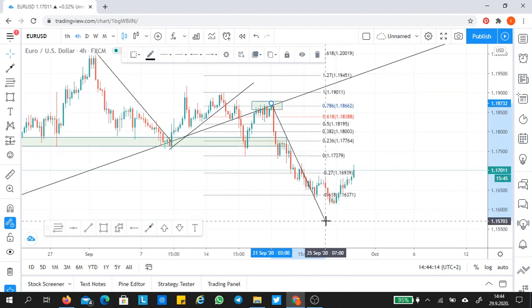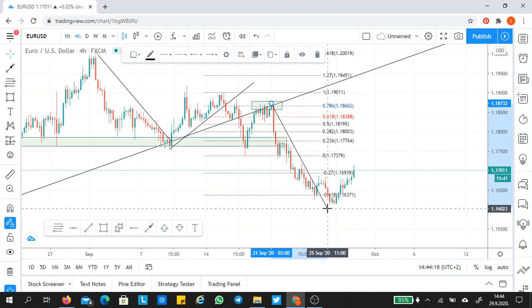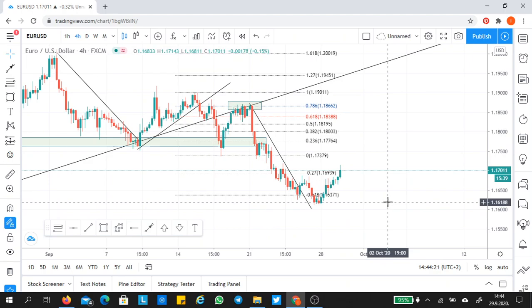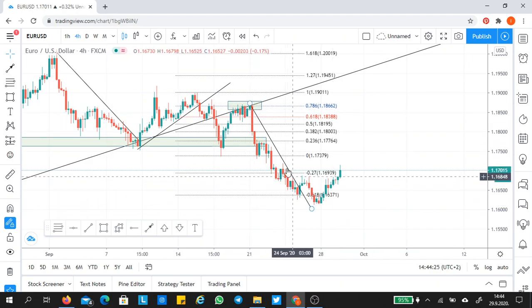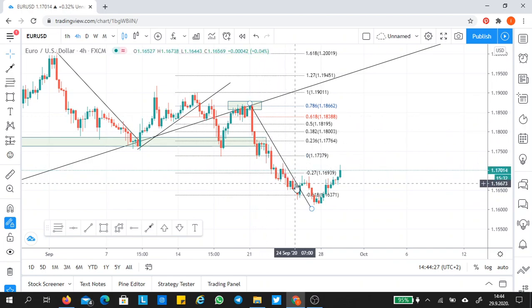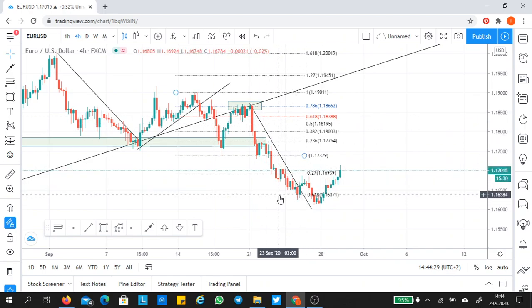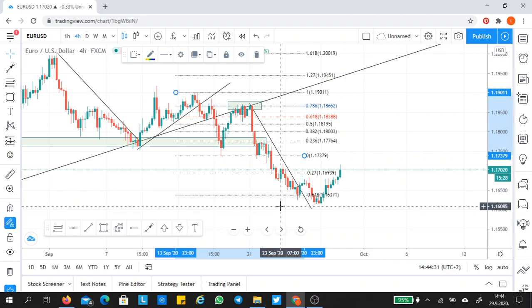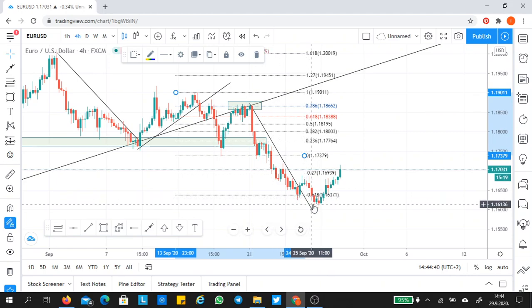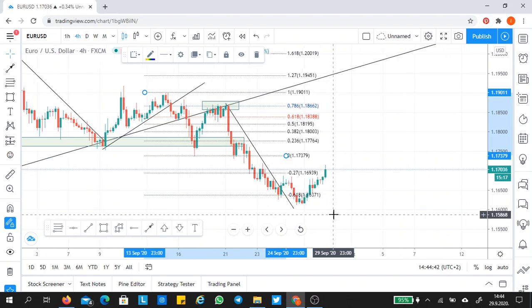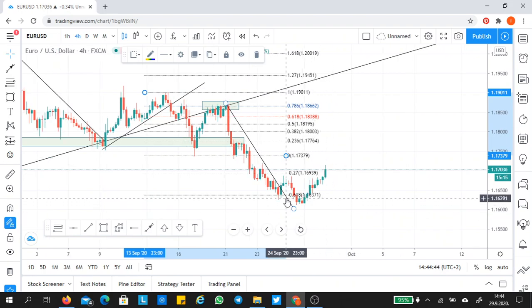This is something we could also check out if you were following the move. On a smaller time frame, this downtrend line was broken. The 180 of the Fibonacci extension target was met, and this is where the market turned.